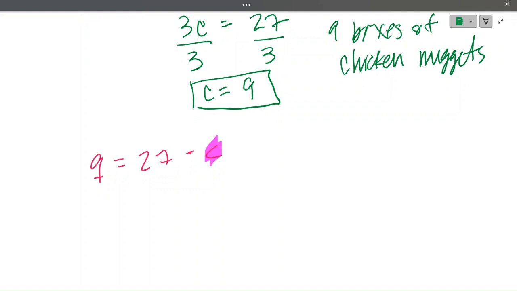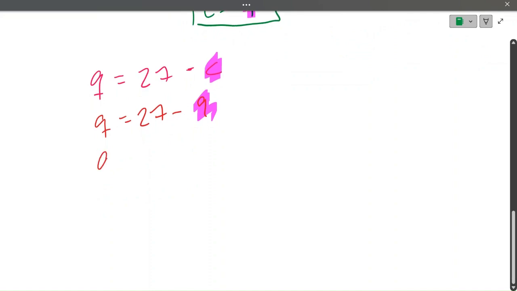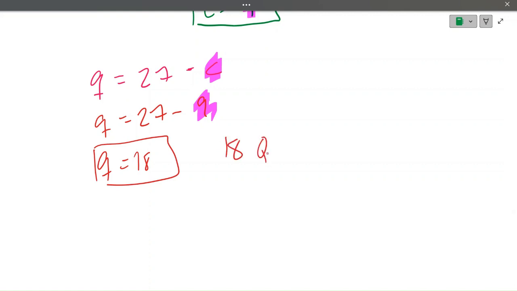So everywhere I see C, I'm going to be plugging in 9, because that's what C equals. So Q equals 27 minus, here we go, we're plugging in 9 right there. 27 minus 9 is 18. So Q equals 18. So 18 quarter pounders with cheese were purchased.